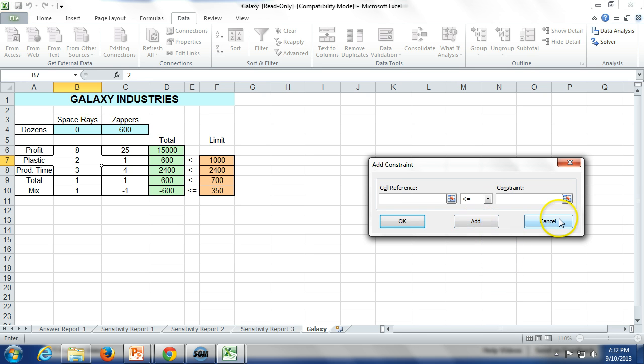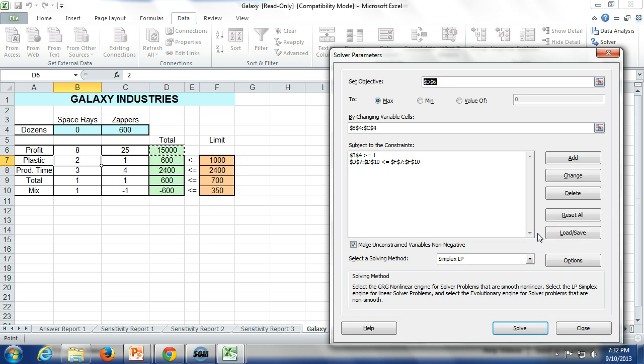I'm forcing it via a constraint to make a dozen space rays. And it will, because it's a constraint. It'll do whatever the constraints tell it. What's going to happen to my profit? It's going to change by what? It'll go down by $10.75.